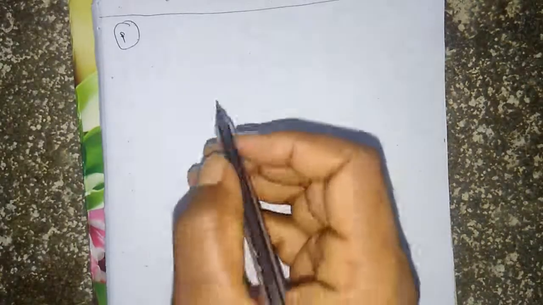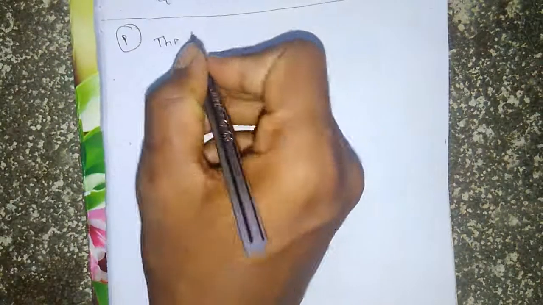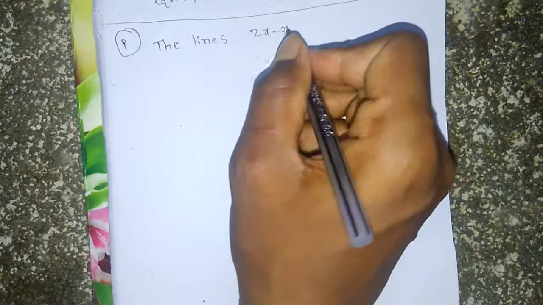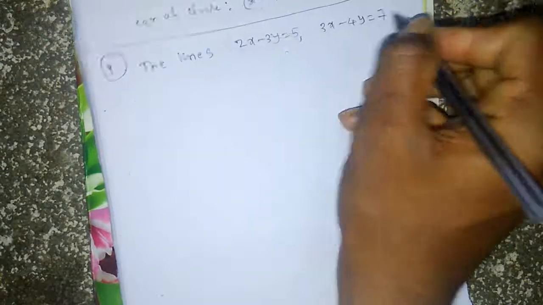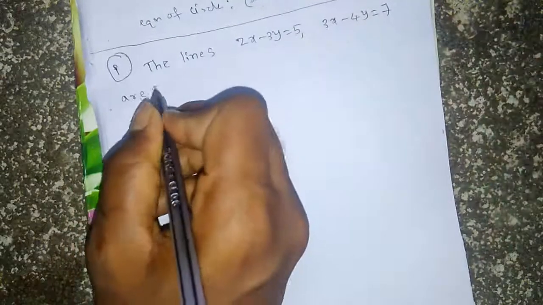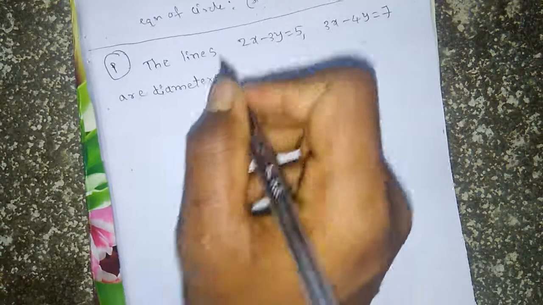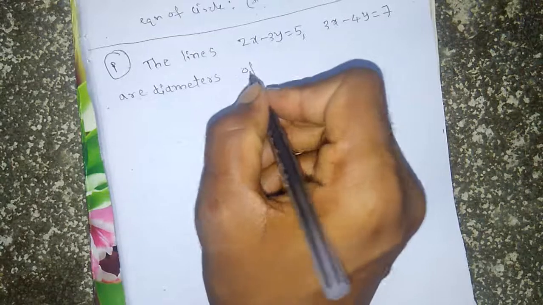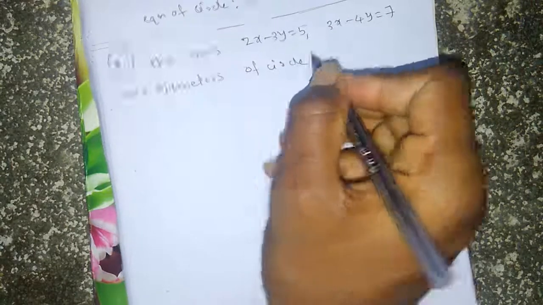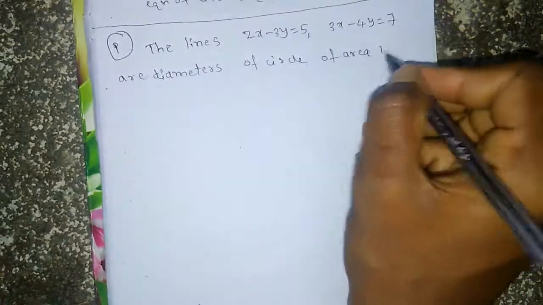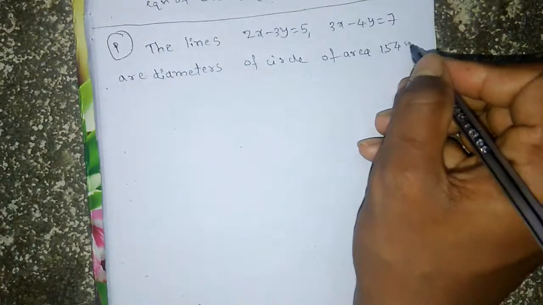Our next problem is: the lines 2x - 3y = 5 and 3x - 4y = 7 are diameters of a circle of area 154 square units.